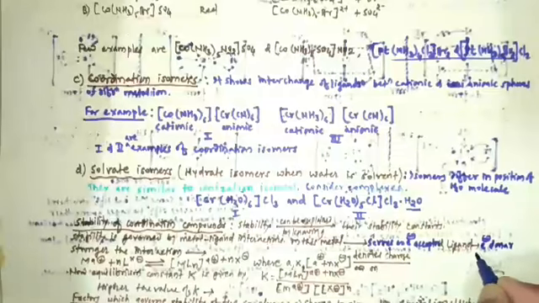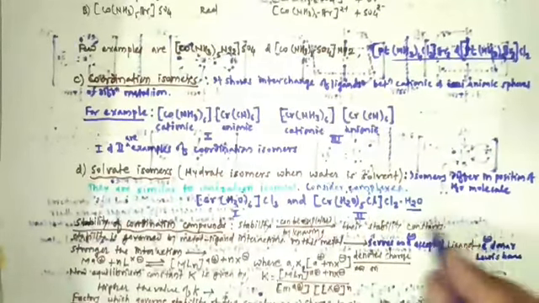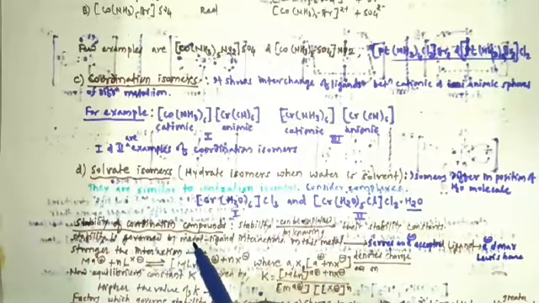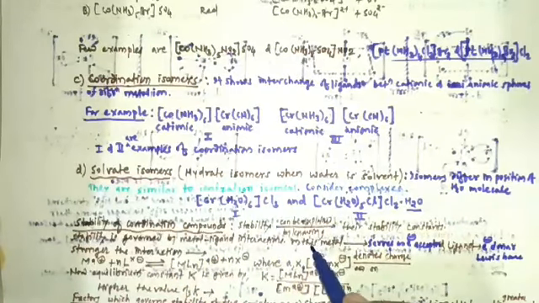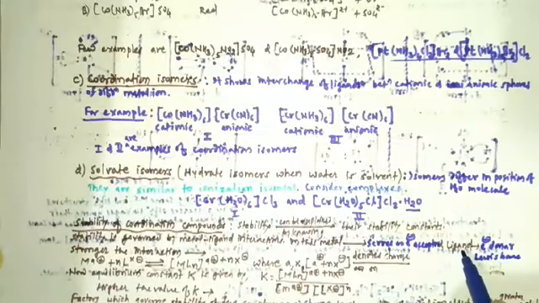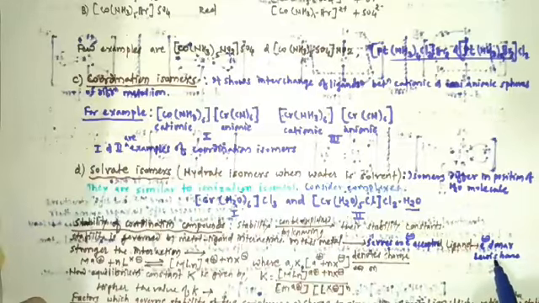Electron donor means Lewis base. Listen once again: stability of a coordination compound is governed by metal ligand interaction.